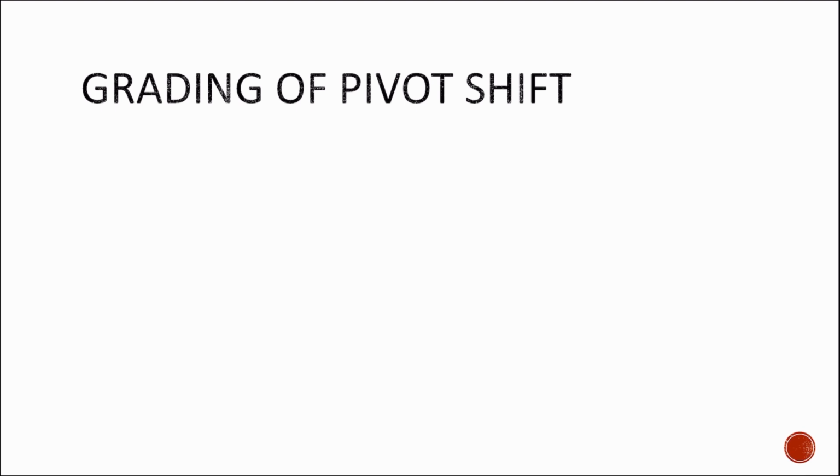Now coming on to grading of pivot shift, first is grade 1. Grade 1 is a simple slide of the lateral tibial plateau, only you will be able to appreciate the test, and the clinical significance here is that it is present in partial ACL tears, mainly when there is an anteromedial bundle tear, because the posterolateral bundle is mostly responsible for the rotational control of the tibia, and it can also be present in cases of lax individuals.